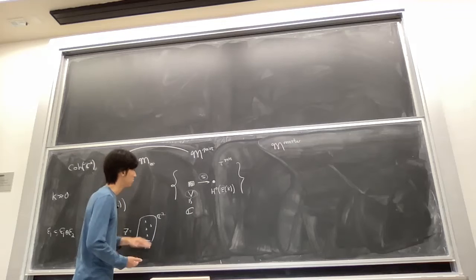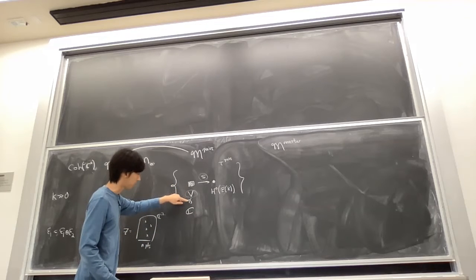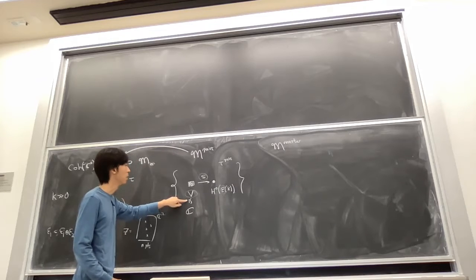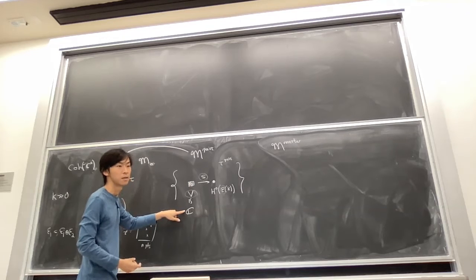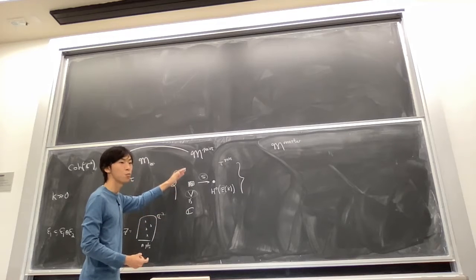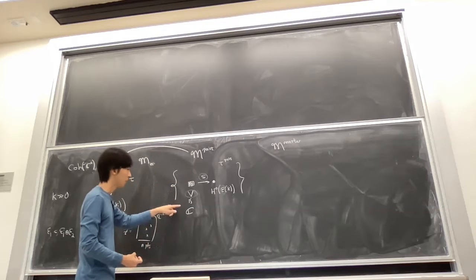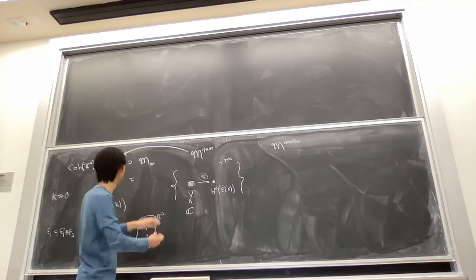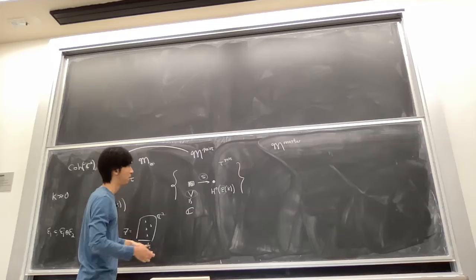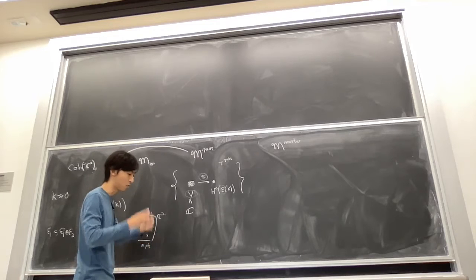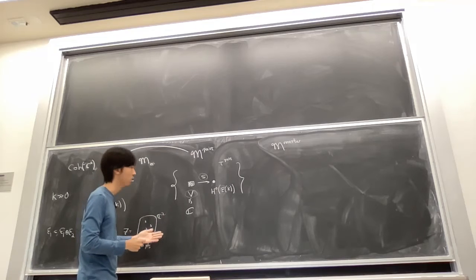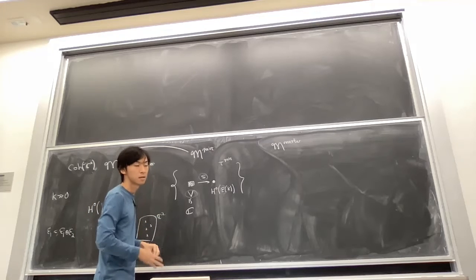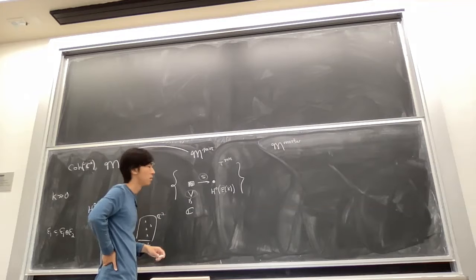Maybe let me say it this way. There's a freedom to pick this isomorphism, and so this stack will always have some kind of C star stabilizer. From my perspective, I always think about moduli stacks, so I always include all possible automorphism data. It's a question of whether you include this vector space as fixed or not fixed.